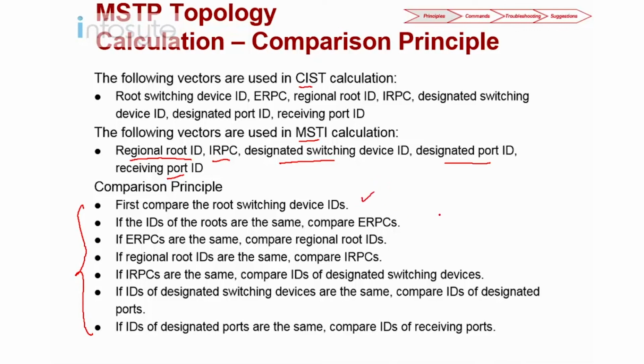Compare the root device ID first. If it's the same, then compare the external root path cost. If still the same, compare the regional root ID. If still the same, compare the internal root path cost. If still the same, look into the ID of the designated switch. Then look into the port ID. And if everything is the same, only then look into the receiving port.